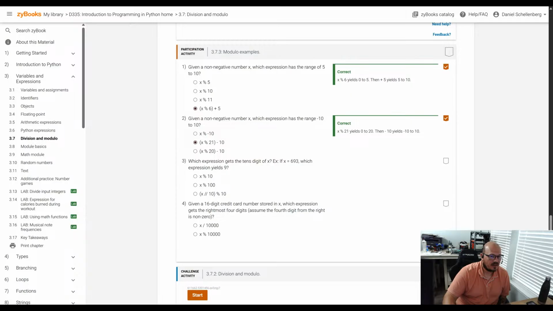693 divided by 100. It's 600. Let's choose this one here. Yeah, so x modulo 100 gets the rightmost two digits.